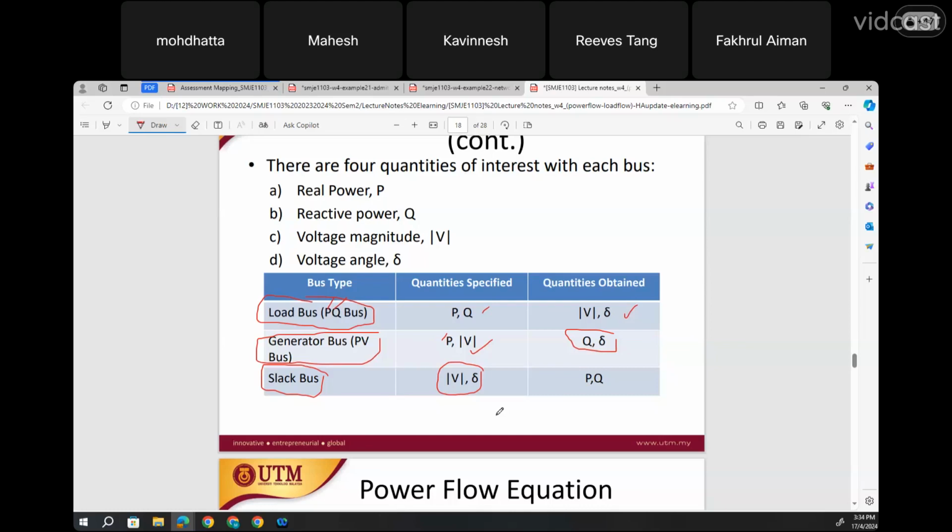All right. For the slack bus, what is not specified is basically the power information. So you need to calculate it, and the power information of the slack bus, very important, will actually determine the losses associated with the network, the losses in the transmission line.